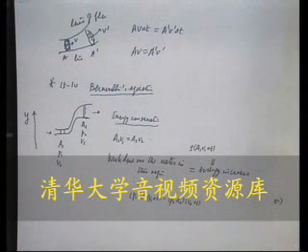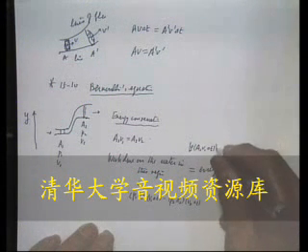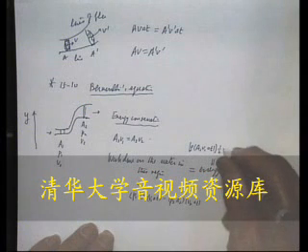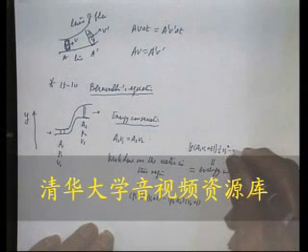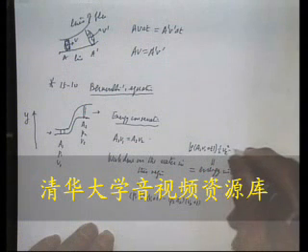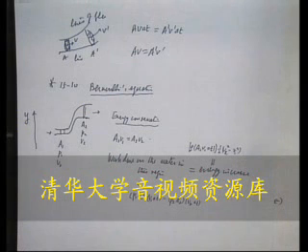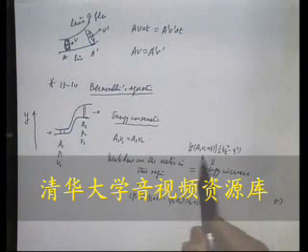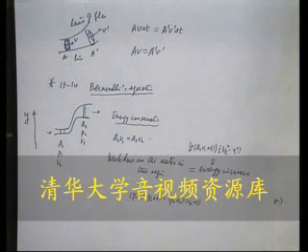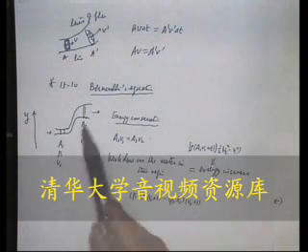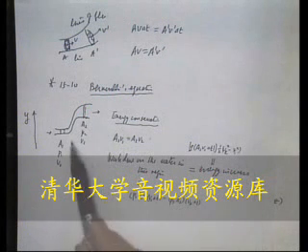That's the total mass. The total mass times 1/2 V2 squared minus V1 squared. That's the kinetic energy change. Does everybody agree? This part is the mass, and 1/2 m V squared is the kinetic energy. So this part is the kinetic energy here, and this part is the kinetic energy here.